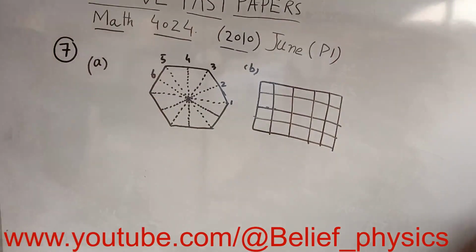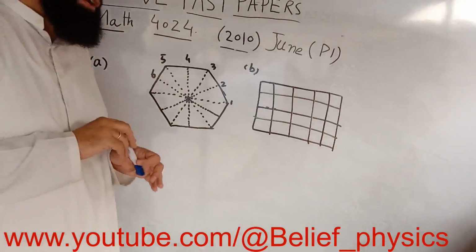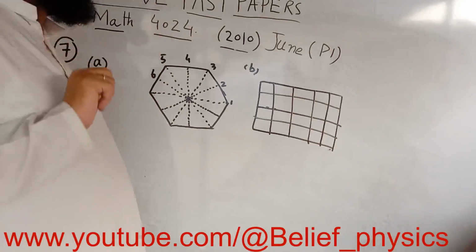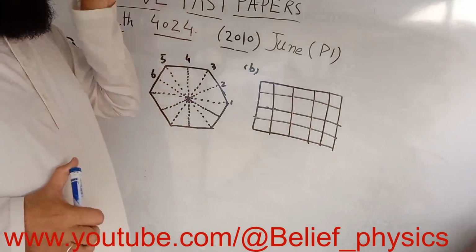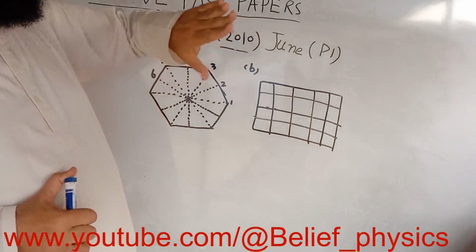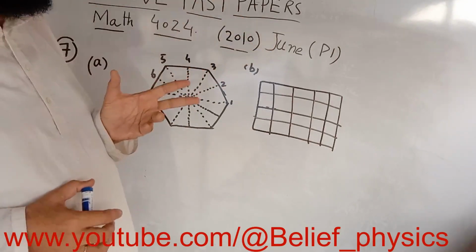Rotational symmetry means if we rotate a figure through 360 degrees, then during that rotation, the number of times the figure fits onto its original shape is the order.